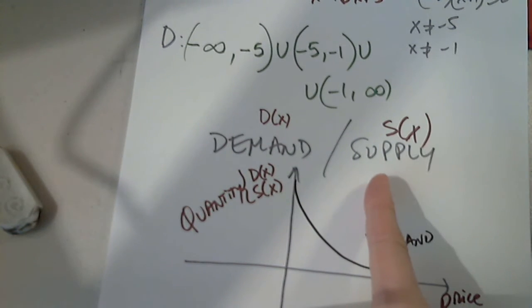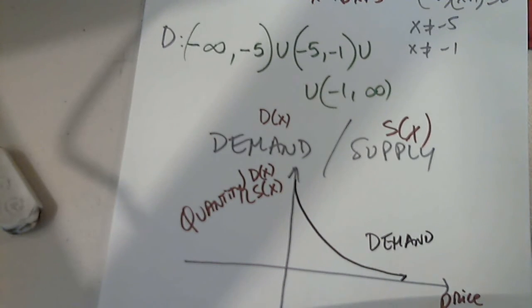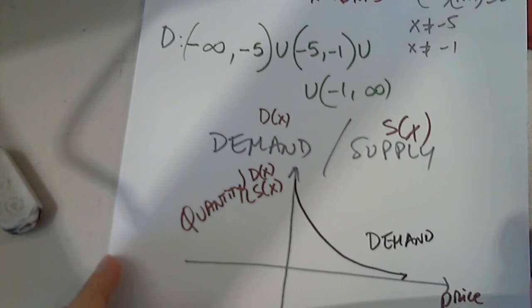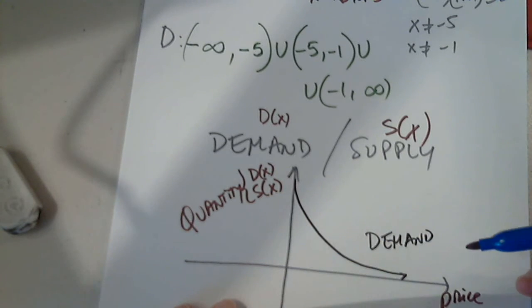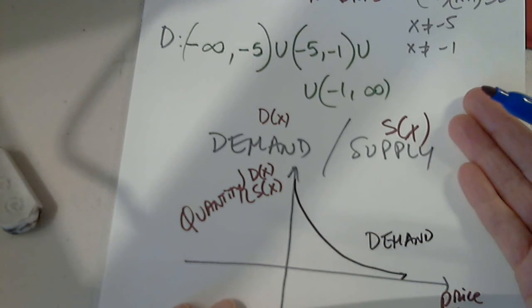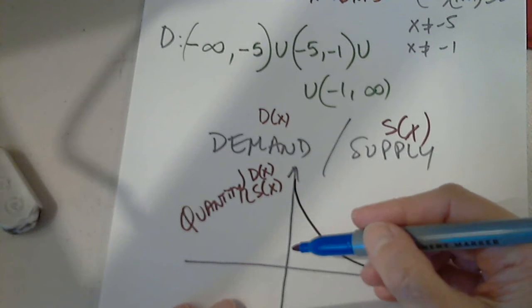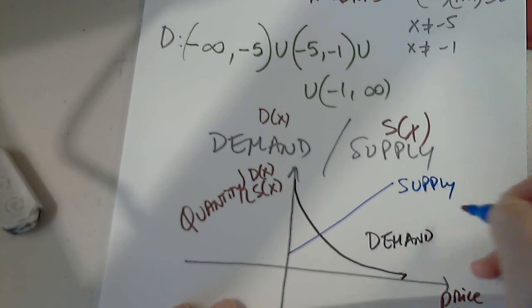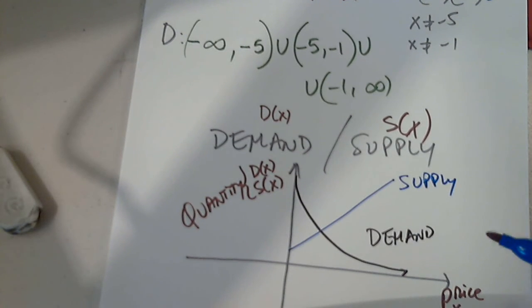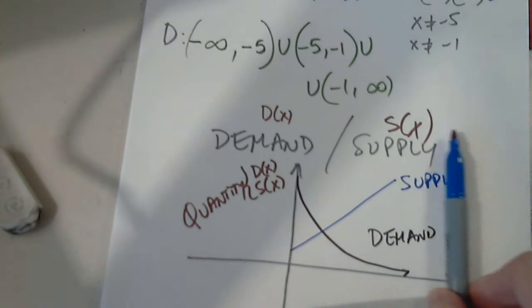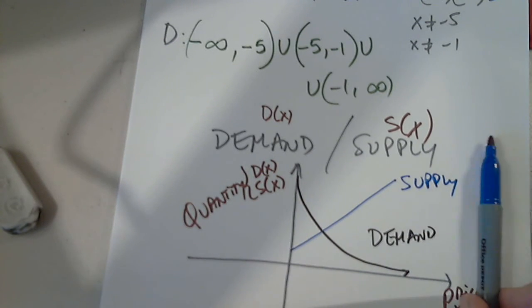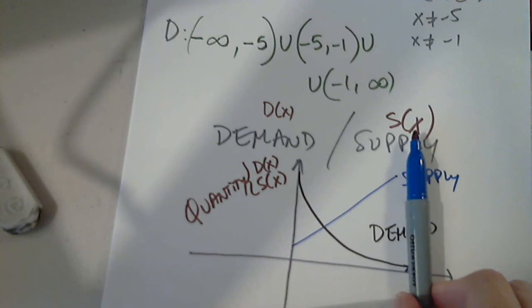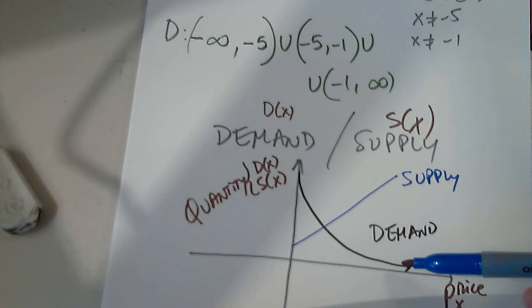But what happens with the supply? Of course, the manufacturing units want to sell their products at as high a price as possible. So normally this is the situation for the supply. They are willing to supply more and more quantity at higher and higher prices, but the demand is not there.